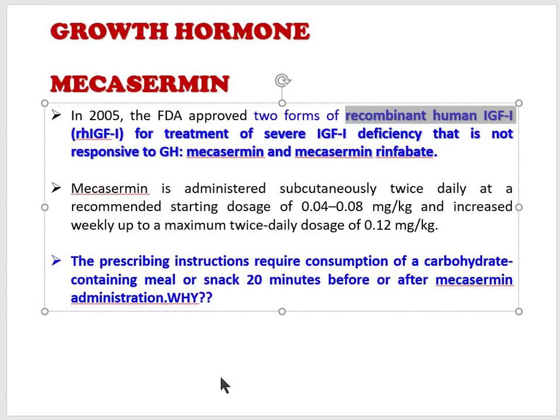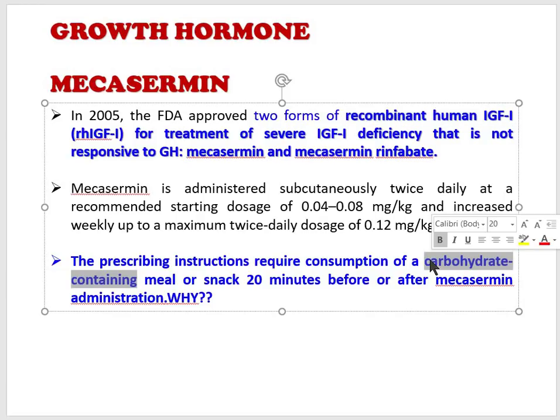If the question asks how growth hormone affects RBA3, the answer is IGF-1. And if growth hormone is not working, what would be the next step? These recombinant forms of IGF should work. And remember, a carbohydrate meal is required within 20 minutes before application of this drug.